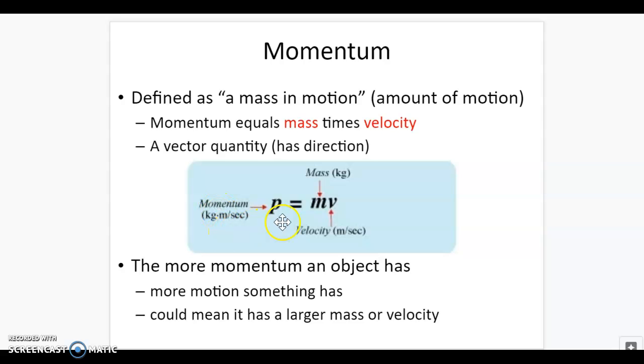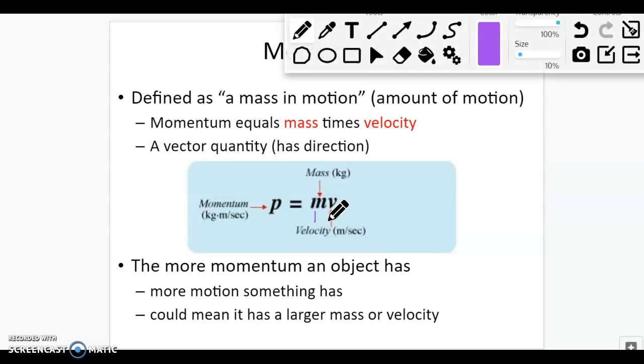But you could actually remember that by what you do over here, because mass is in kilograms and it's multiplied by the velocity, that's in meters per second. It actually tells you what the unit for momentum is. So you need to know what the unit for momentum is, or you need to know how to find it.